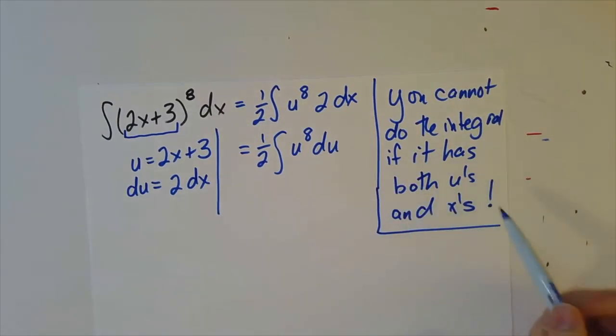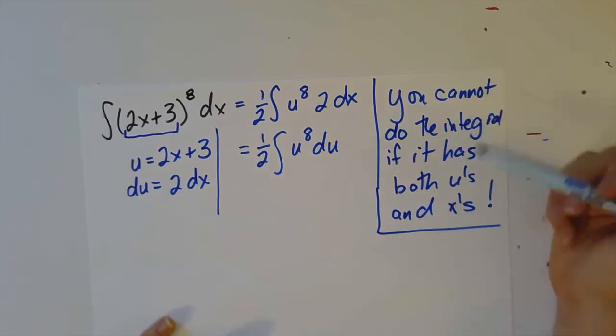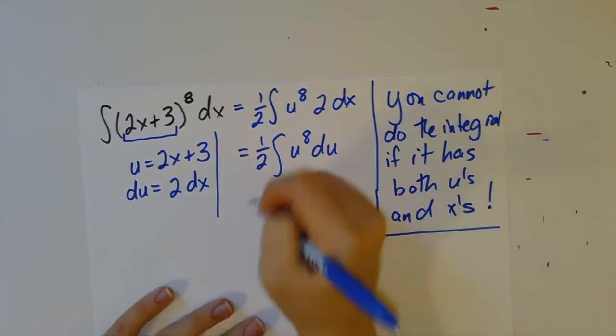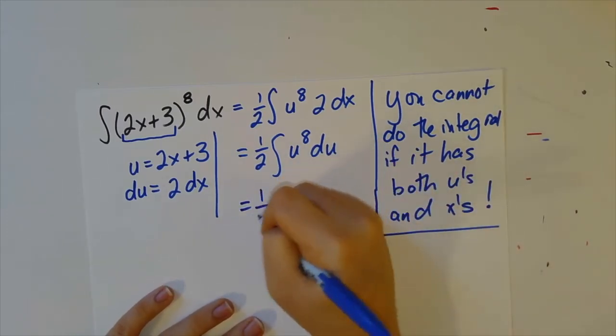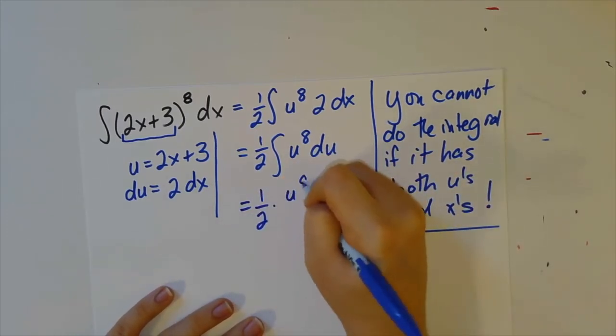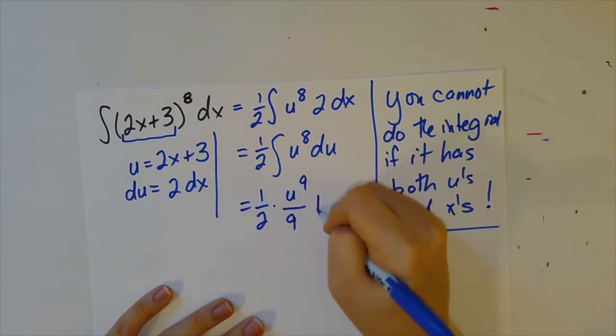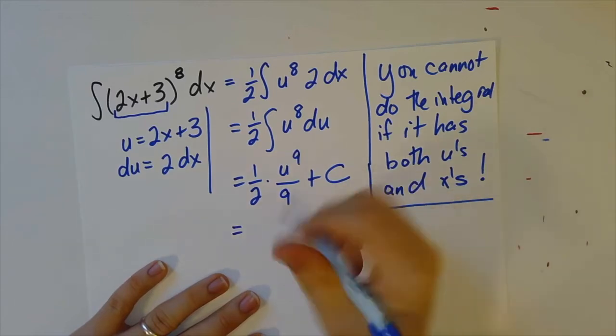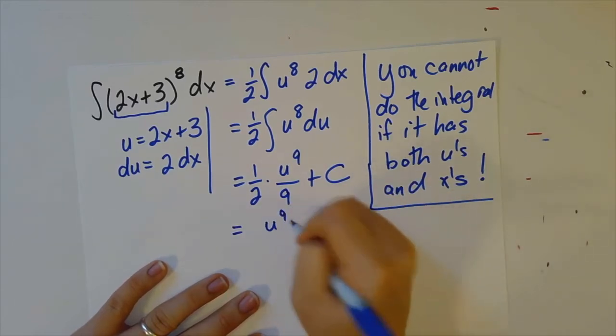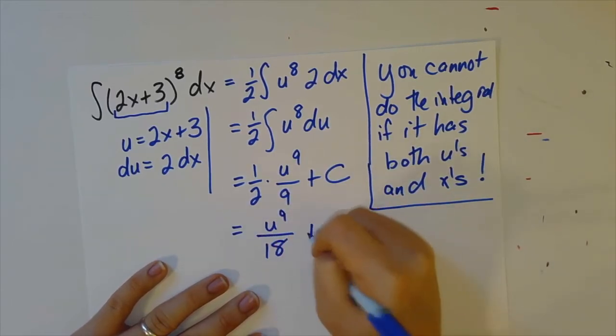You cannot do the integral if the integral has both u's and x's. That is important enough that I wrote it down. But here we're back to a situation where we have only u's, and so I can just do the integral using the power rule. That is u to the 9th over 18 plus c.